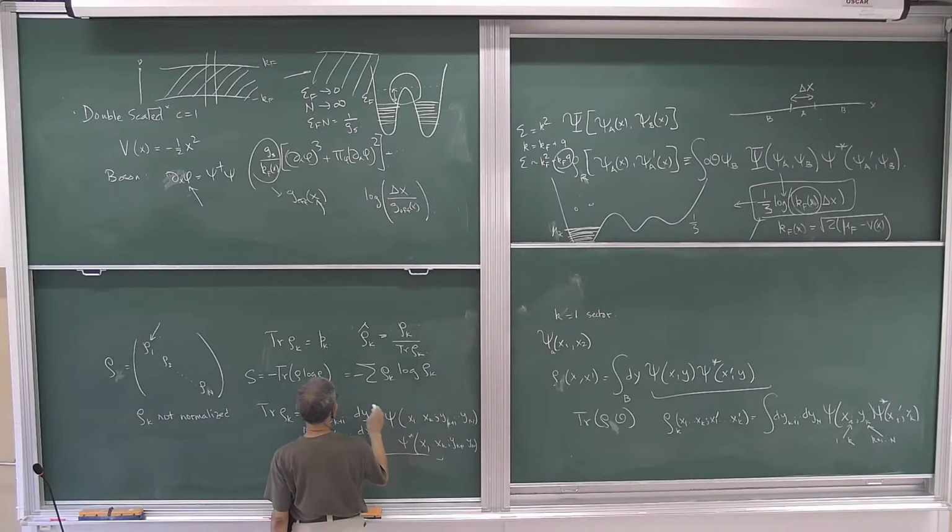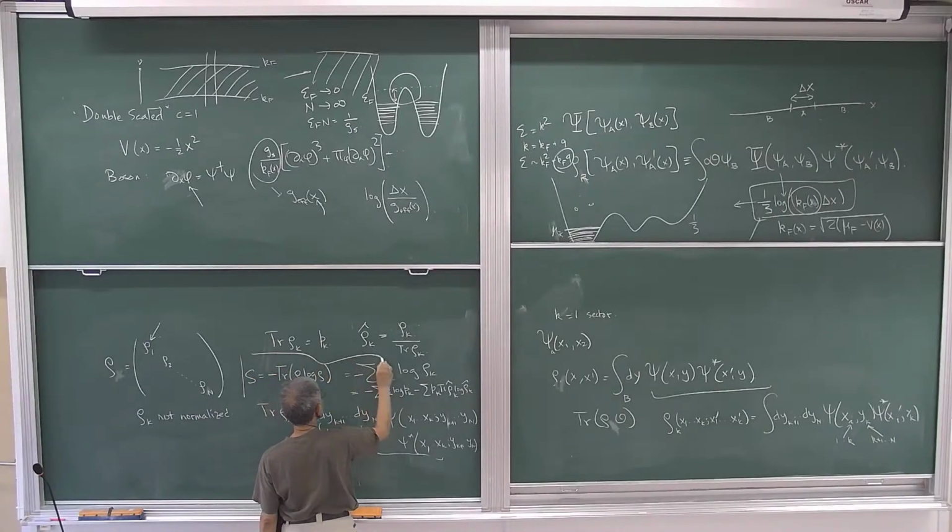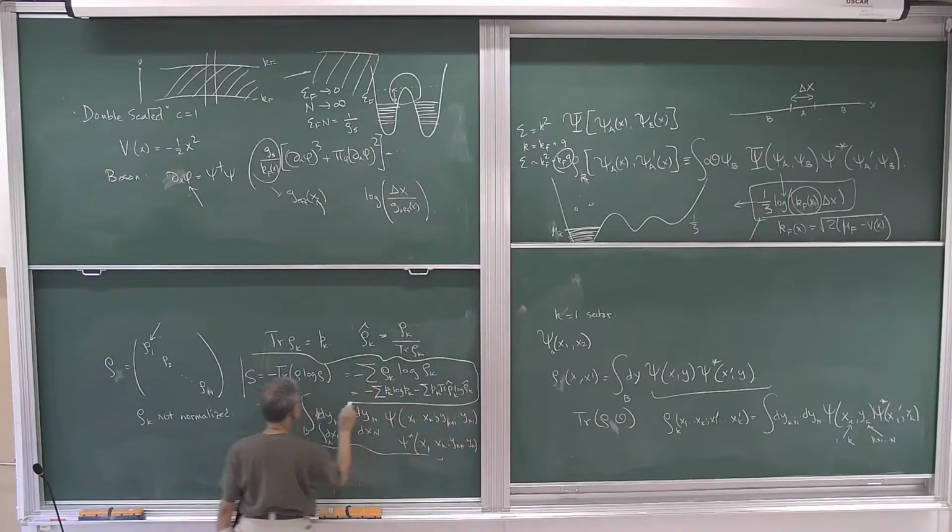And I'm now running over space. So this, I'll just write it. You can check, becomes pk log pk. Actually, let me write this formula here. Let me keep this. Everybody can see the formula. I wrote it here.